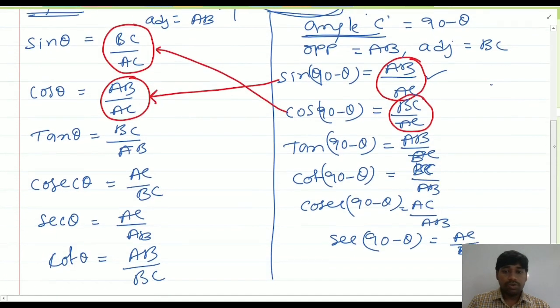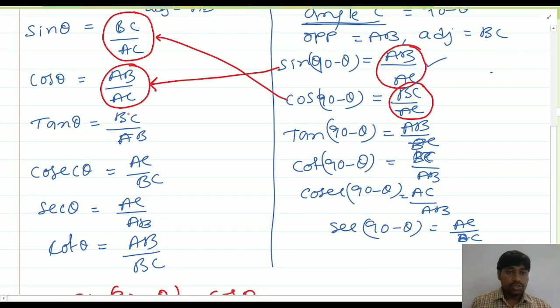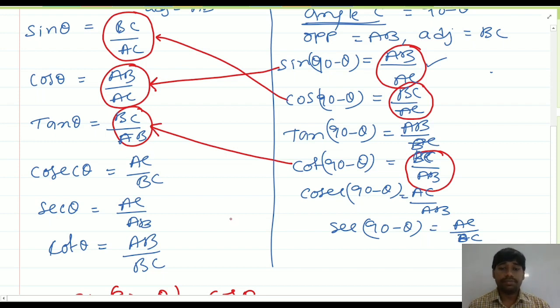Next, we will go to one more thing. Tan theta, you see that, is BC by AB. Cot 90 minus theta is BC by AB. It means cot 90 minus theta is tan theta. And cot theta is AB by BC, and tan 90 minus theta is AB by BC.